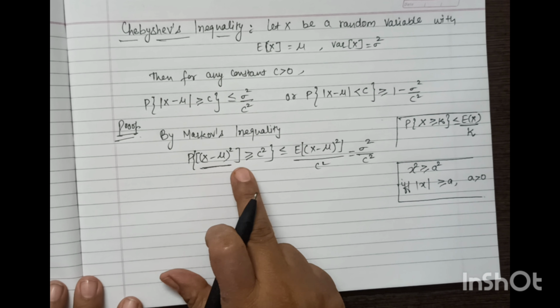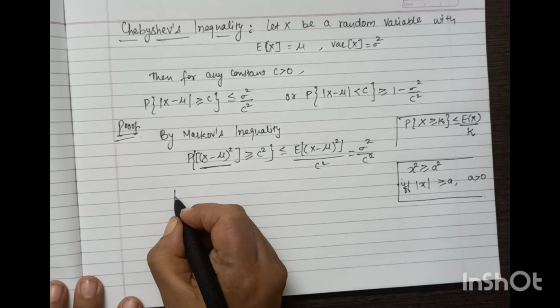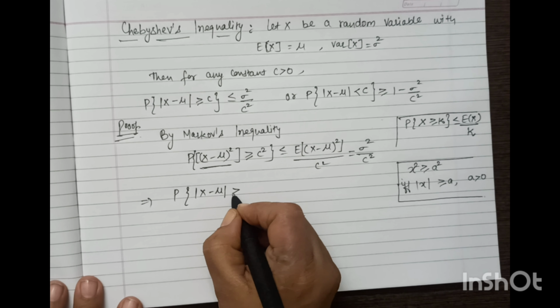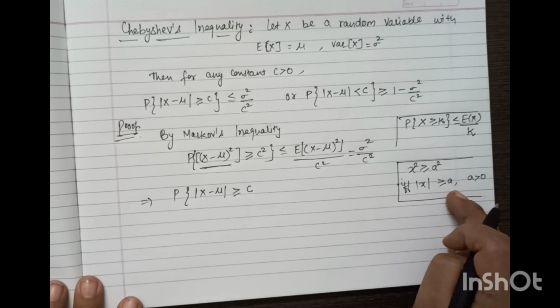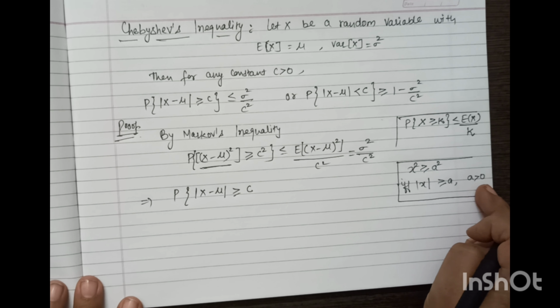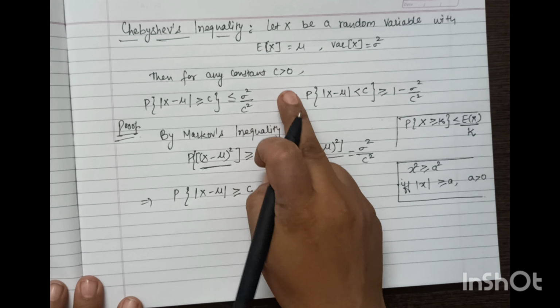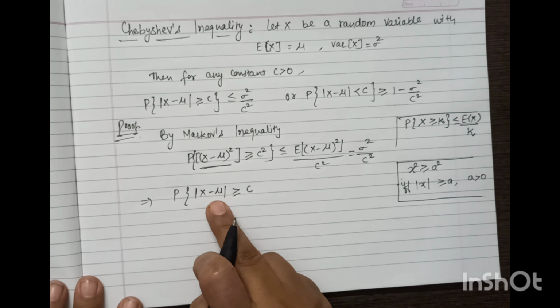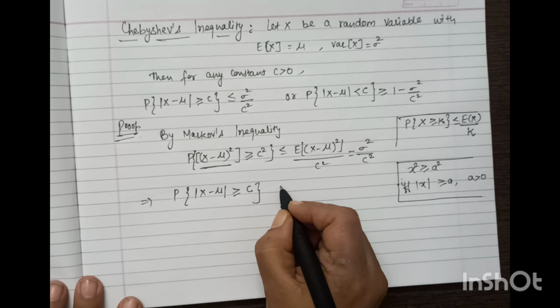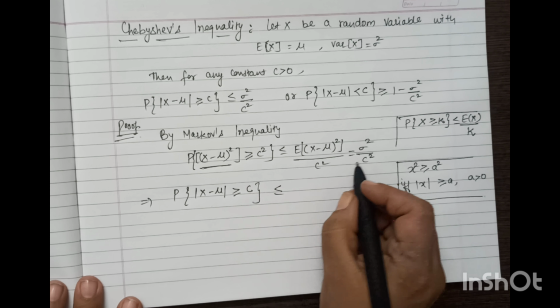So here the square is replaceable with modulus of x minus mu greater than equals to c. The complete square has been replaced with a positive quantity, and c is given as positive, and x square will be replaceable with modulus of x. This is now replaceable with sigma square by c square, which proves this part, right?